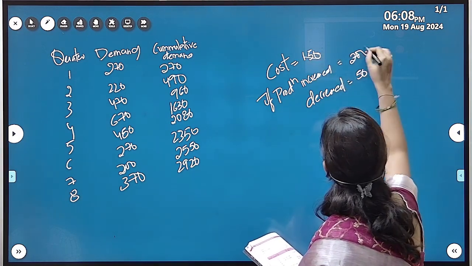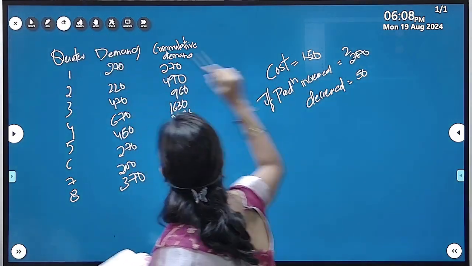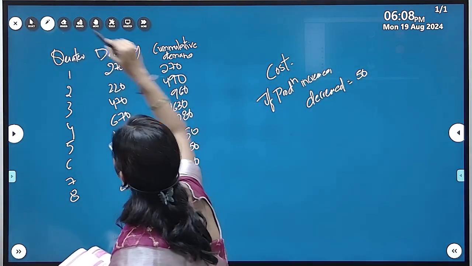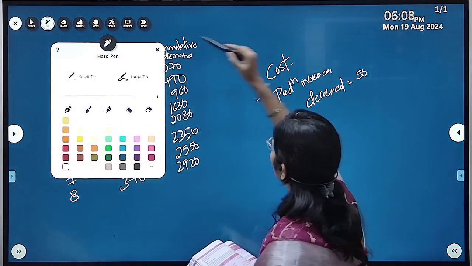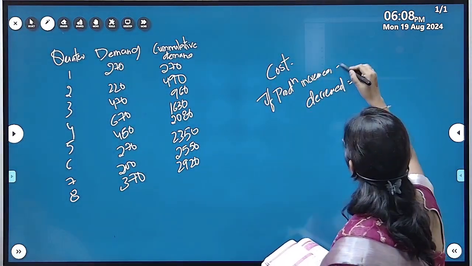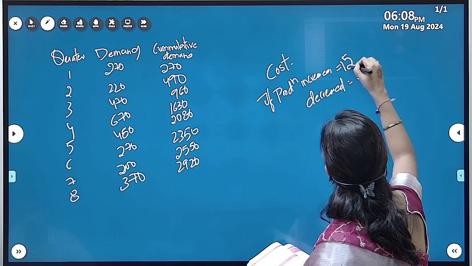So if it increases, the production cost will be 150.